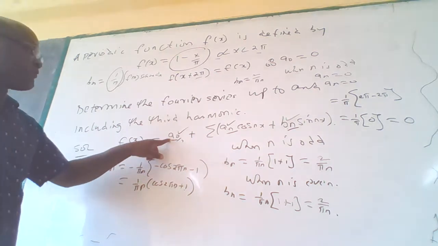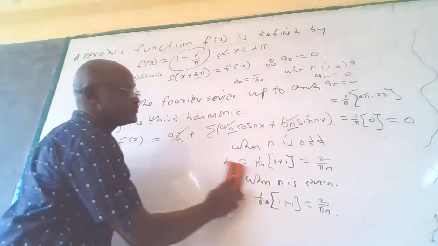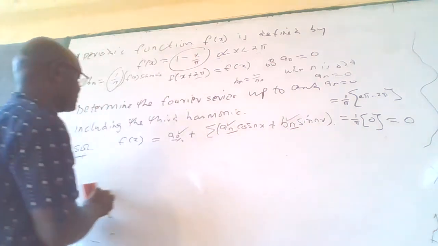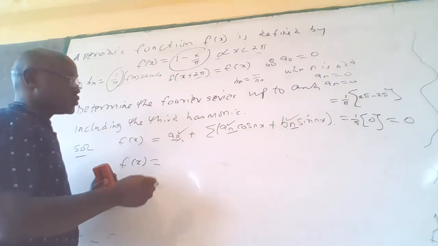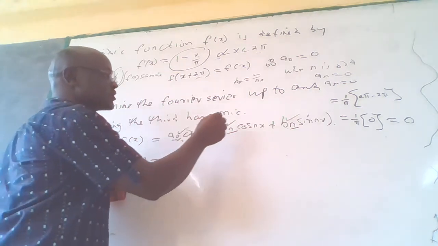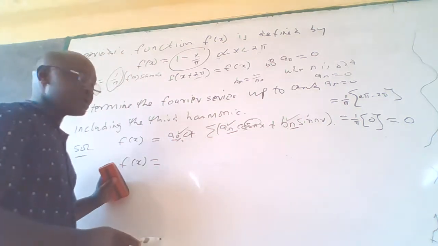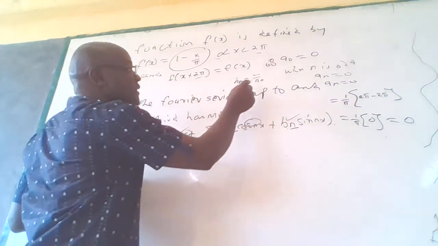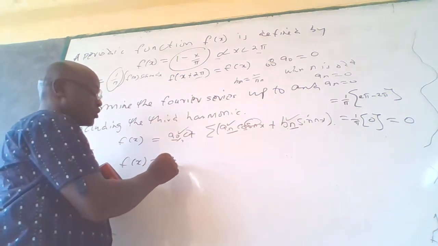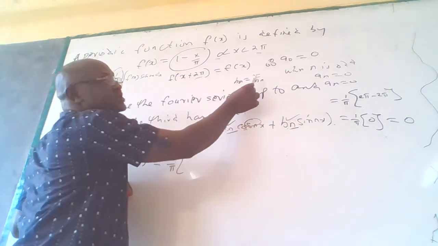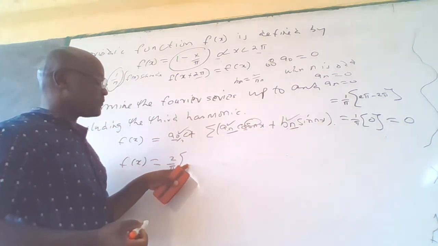Okay, now that we have the constants, we can now state our series. Our f of x will be equal to, this is 0, this is 0, so we only have this one, which is 2 over pi, and we take 1 over n inside, so that we start with it.